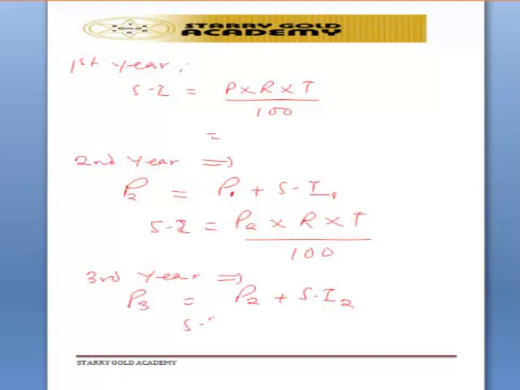So my simple interest will now be principal in year 3 times rate times time over 100. I will get the value. What I mean here is that it's only the principal that will be changing. Other variables like rate and time will not be changing.